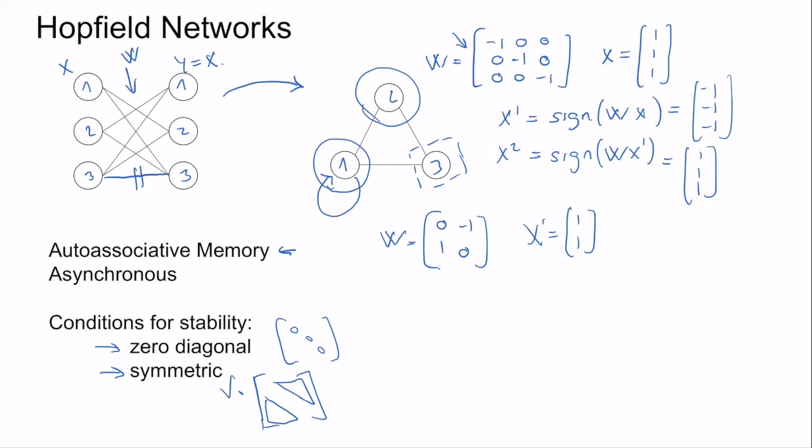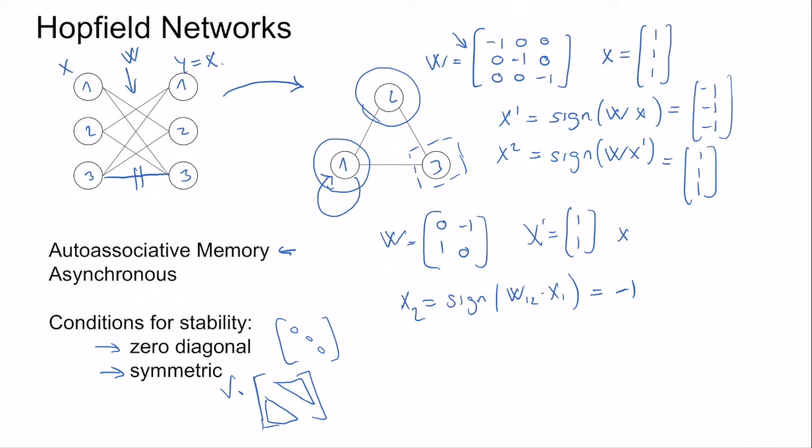And now if we want to update the value of x2, we have that this is the sign of w1,2 times x1. And w1,2 is -1, so -1 times 1, that will be -1, so x2 becomes -1.